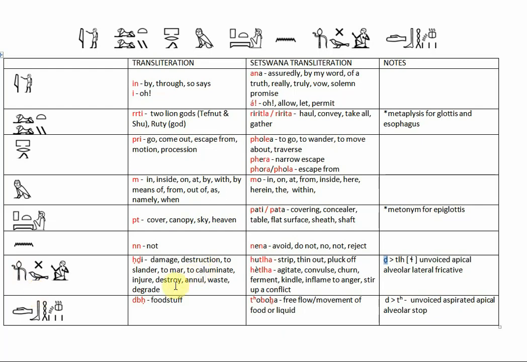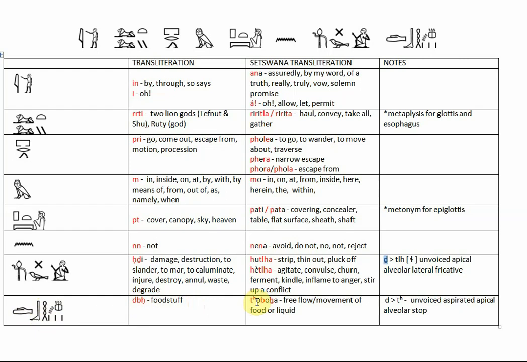It's like what a C in English can be pronounced as an S or a K, or a Q can be pronounced as a Q and a K. So we have those kinds of things. Next up we have this word dibech, or ha, dibech, debech, foodstuff.